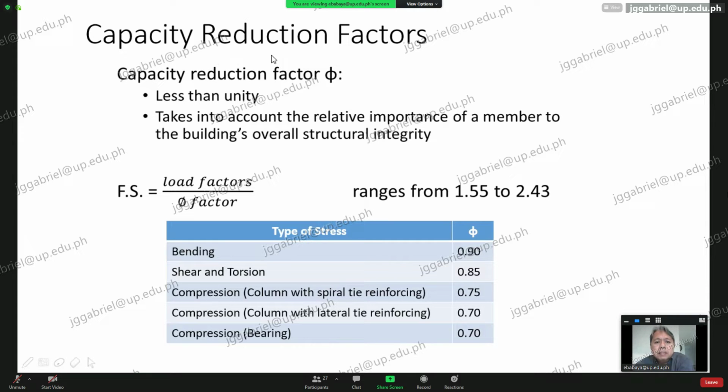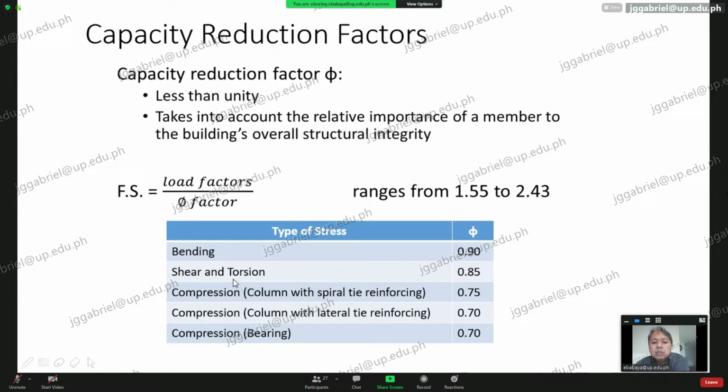Capacity reduction factors. Capacity reduction factor phi is less than unity. It's less than 1. It takes into account the relative importance of a member to the building's overall structural integrity. Now, for bending, you use 0.9.